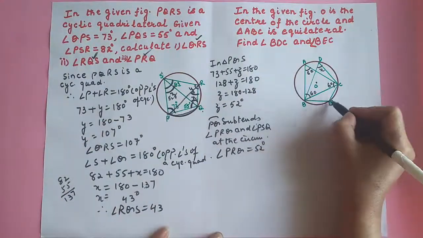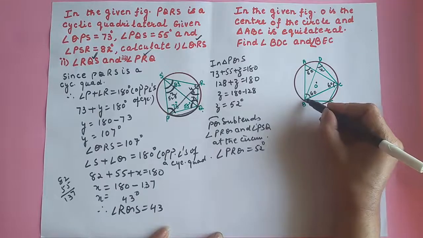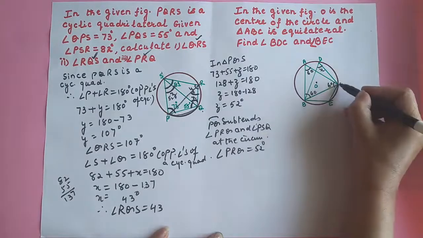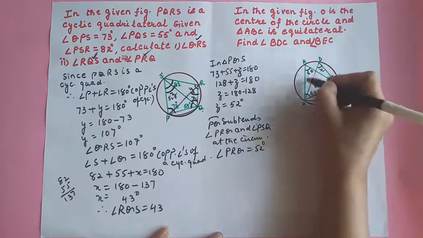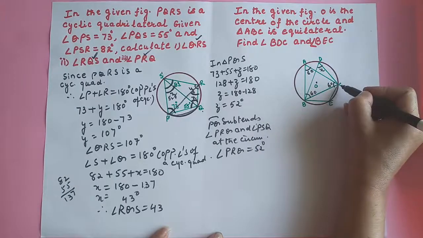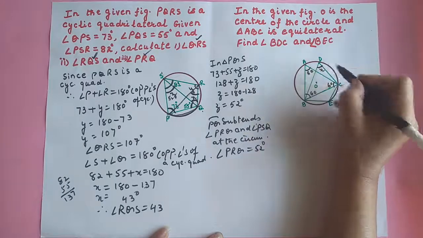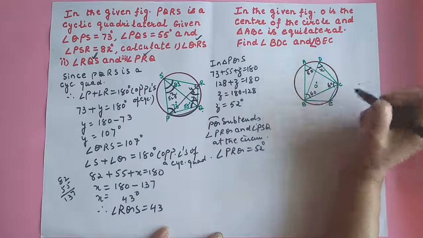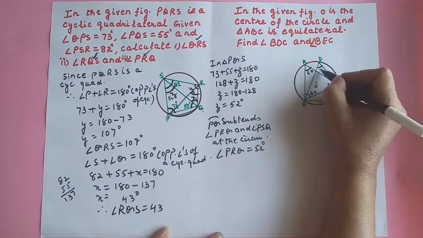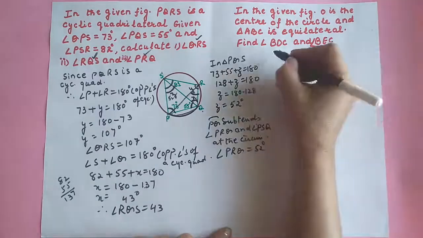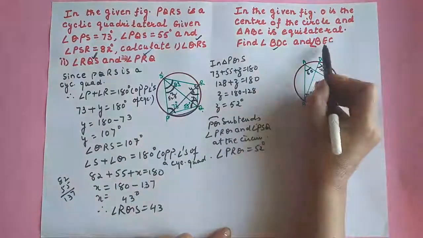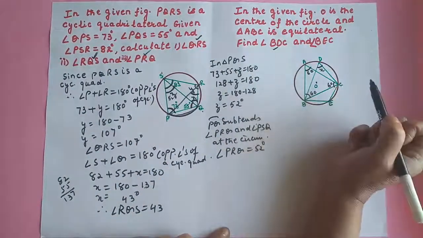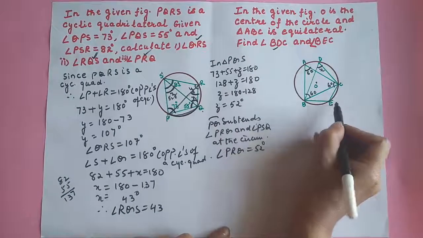Now, if we look at this, arc BC subtends angle BDC as well as angle BAC. Does that mean the measure of angle X is equal to the measure of this angle? So if this is 60, X will also be 60. So the first part of the question is done. Now for the second part, he wants us to calculate angle BEC.